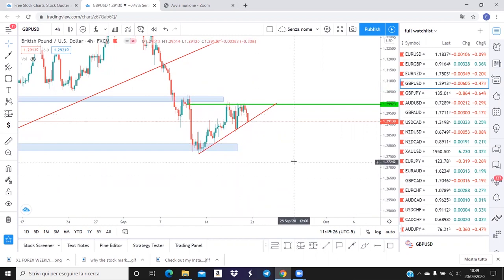Of course, we always have to keep in mind that fundamentals play a very big role in Forex. So in this case, we are analyzing with technical analysis, but we will also need to check how every single currency is behaving regarding news. Of course, we will need to check GBP, the euro and also the US dollar.